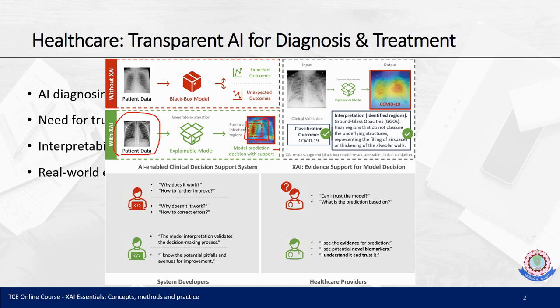This box shows the high-risk area where the COVID-19 virus is affecting this patient. So just because of this, I am saying that this person is affected by the COVID-19 virus. When the doctor has this explanation, he will trust our model, right? That is what explainable AI does.